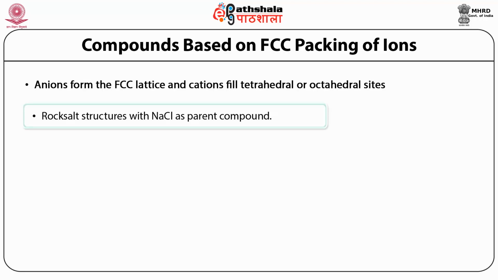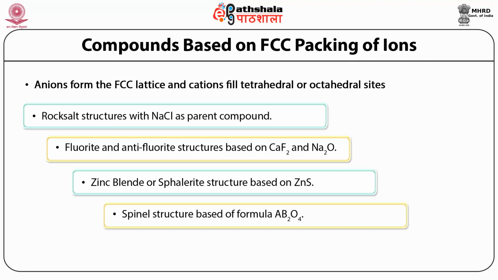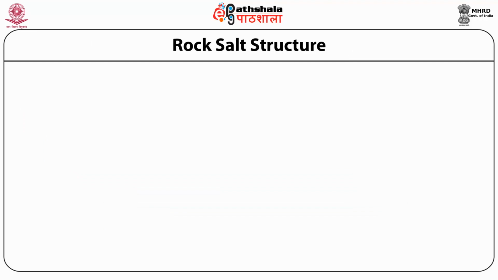First is the rock salt structure with NaCl as parent compound. Next is fluorite and antifluorite structure based on CaF2 and Na2O. Next is spinel structure based on a formula AB2O4.